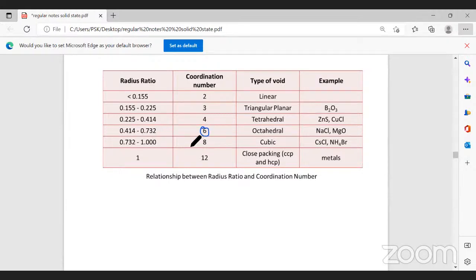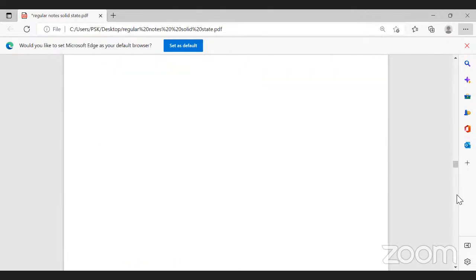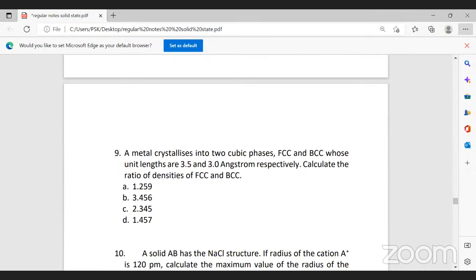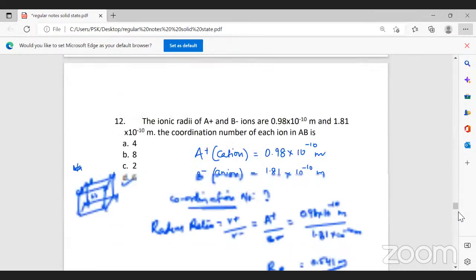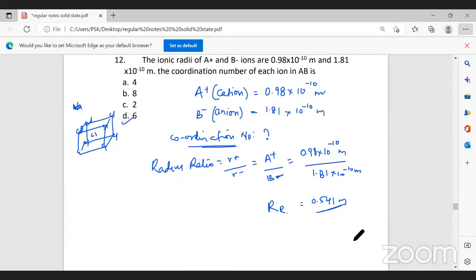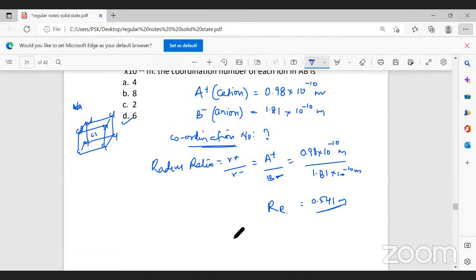That means the coordination number is 6 and it will have an octahedral geometry. So, what is the question they've asked? What is the coordination number? Since the radius ratio lies between 0.414 and 0.732, the coordination number will be 6. Therefore, the answer for this question is option D.